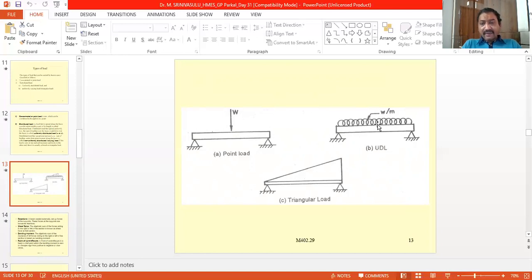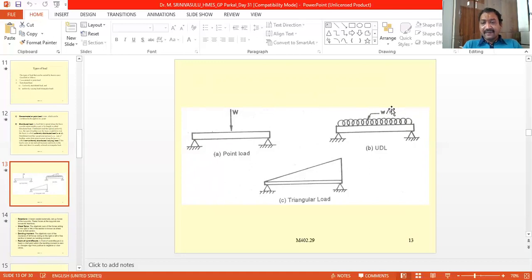And generally the point load is shown like this because the force is acting at a point. Simply we can show it as a load acting at a point. But in case of the UDL, it will act throughout the length. So therefore we have to show it with this symbol so that it will be distributed throughout the length.